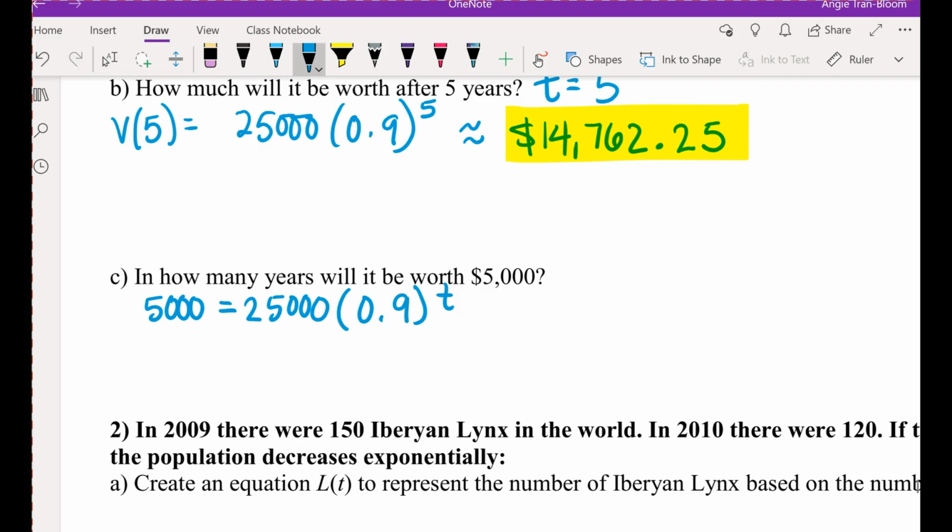Locate it on your TI, go to fraction and hit enter. All right, 1/5. The reason I want you to convert your decimal into fractions is because it's more precise.